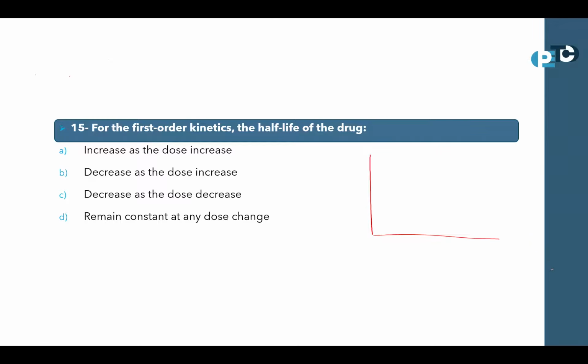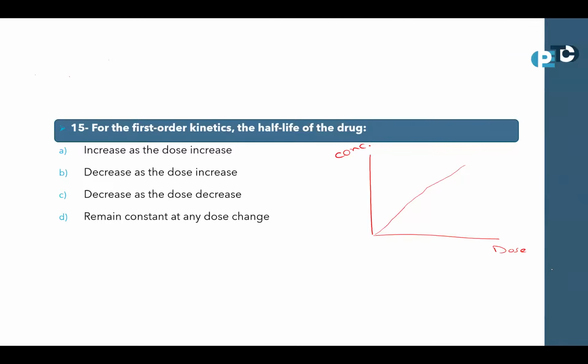In first order kinetics, as the dose increases, the concentration of the drug in the blood will increase. Here we have a relationship between the dose and the concentration of the drug in the blood. So there are no factors affecting the increasing concentration. The pharmacokinetic parameters will not change.